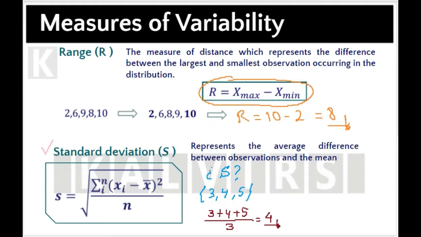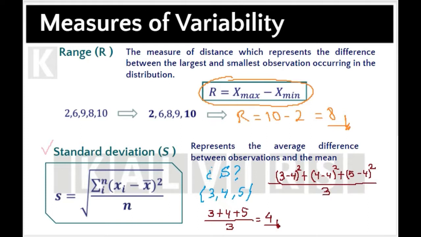Now, second, we need to subtract the average of the set from each term in the set: 3 minus the average, 4 minus the average, and 5 minus the average. Third, we need to square each result. Fourth, we need to take the average of these three numbers.